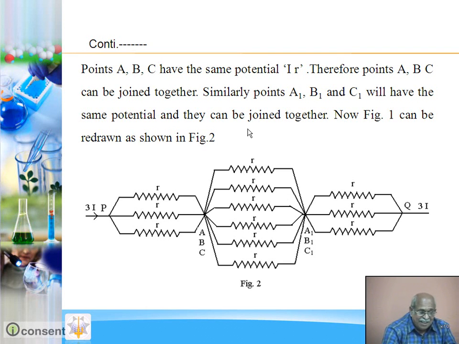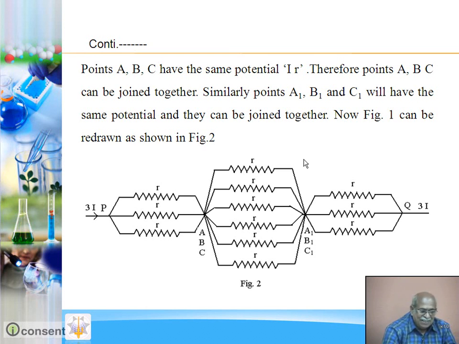Each of the remaining 6 edges is from either of A, B, C to either of A1, B1, C1. So all these 6 resistances, each equal to R, appears between A, B, C together and A1, B1, C1 together. Yes, you are right, that these 6 resistances are in parallel.